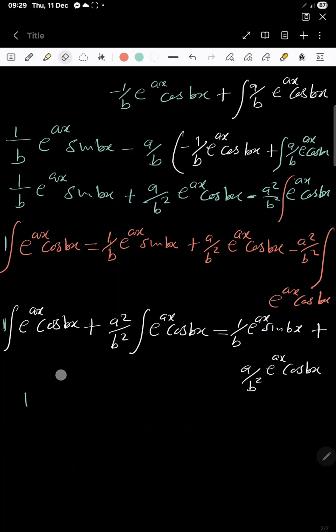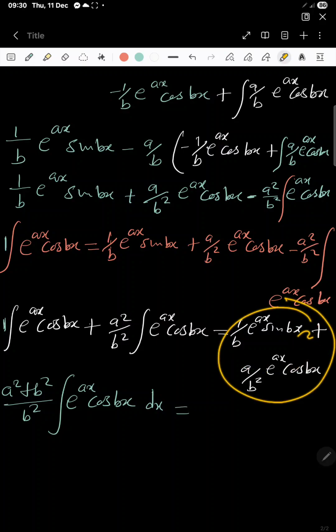All right, so let me write it for you first. We have a squared plus b squared over b squared. That's what we are going to get if you add this and that. By so doing, we now keep our integral, which is the integral of e to power ax cos bx, and this is equal to the other side.